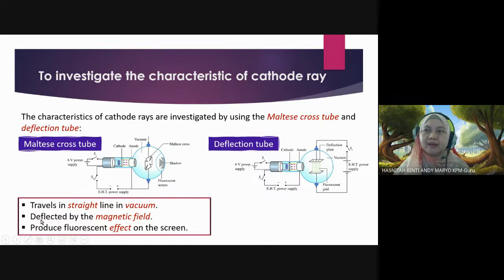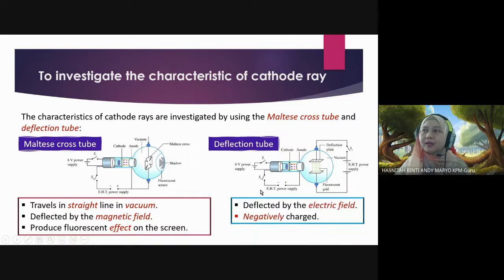Second, they are deflected by magnetic field, and they produce fluorescent effect on the screen. Meanwhile, for the deflection tube, this is what comes from the finding. First, the cathode ray is deflected. It shows deflection in electric field. And second, it is proven that cathode ray is negatively charged.